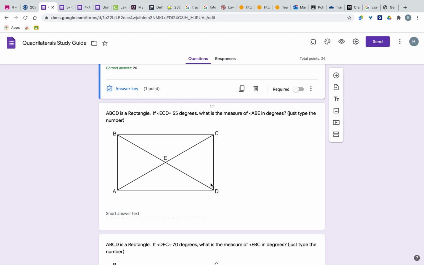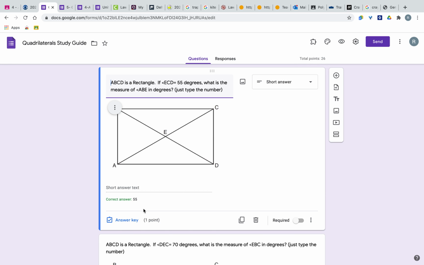And also this angle is congruent to that. This angle is congruent to that. So we have these angles congruent to each other. And then on the other set of triangles, we have this angle and this angle congruent to this angle and this angle. So like I said, long story short, it should have been 55.